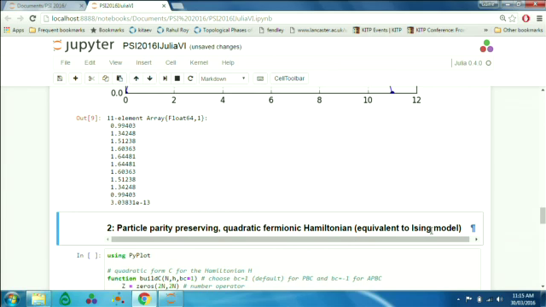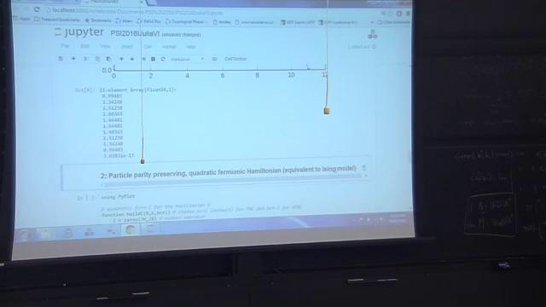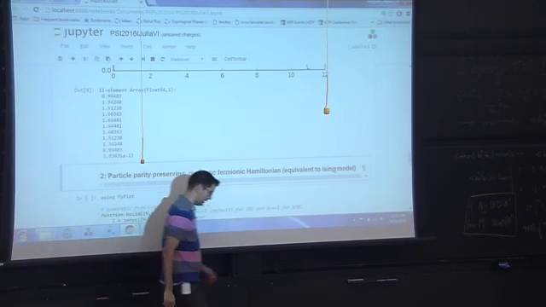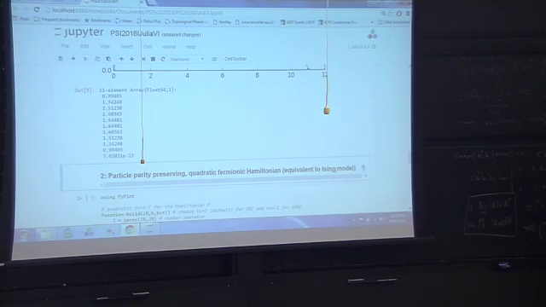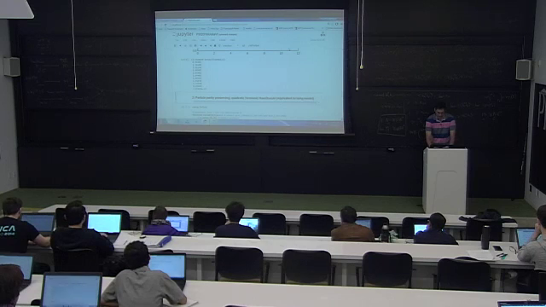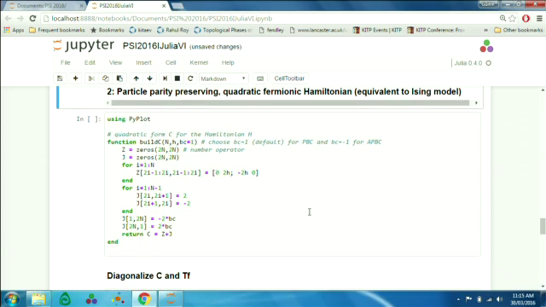And then we can also study systems which are quadratic in Majorana operators. It's a very similar formalism, but instead of n by n matrices, it's 2n by 2n. This would be, for instance, for a Hamiltonian equivalent to the Ising model that we saw last week.